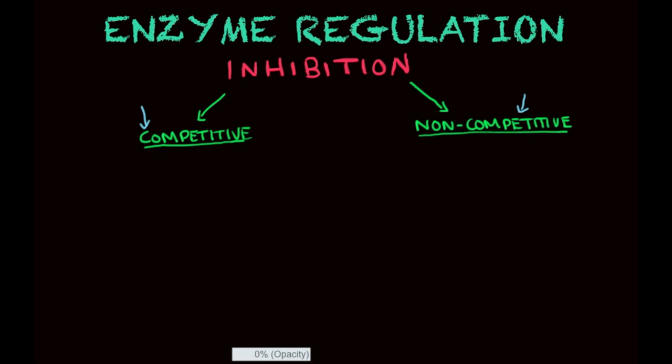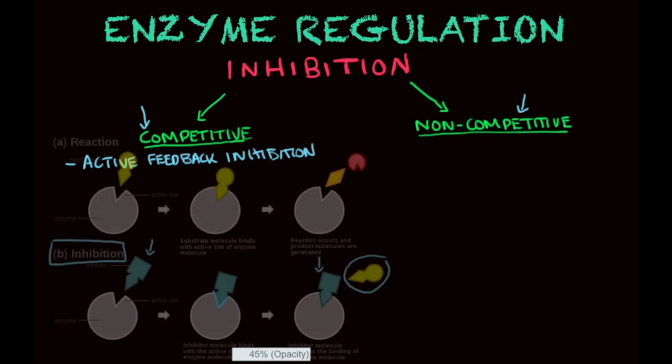Now, an actual thing that we need to add is that feedback inhibition can be subdivided into two. And if it fits into the category of competitive inhibition, then we're going to have an active feedback inhibition. And what this is, the product of a reaction will compete for that space that we just looked at.